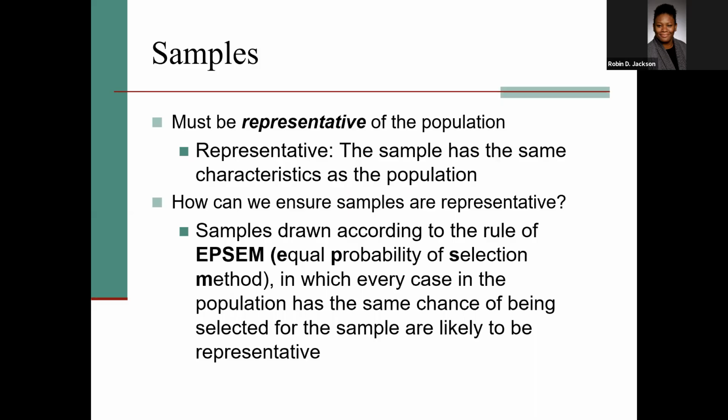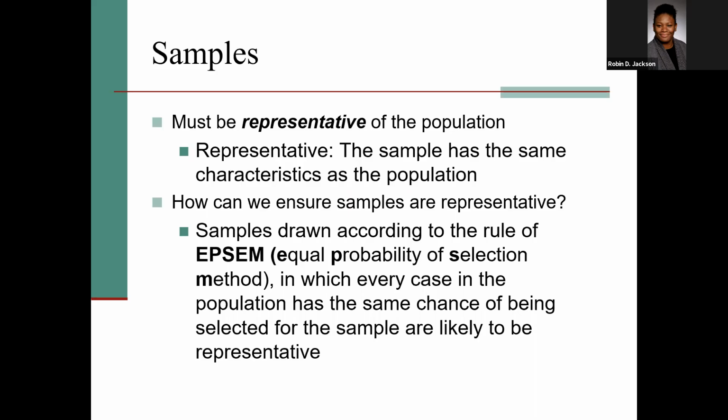Now, although social scientists want to make sure their samples are representative, there's no guarantee that samples will be fully representative of the population they represent. However, the equal probability of selection method, EPSEM, that's in bold on the screen, the EPSEM method can help us reduce the likelihood of obtaining an unrepresentative sample.